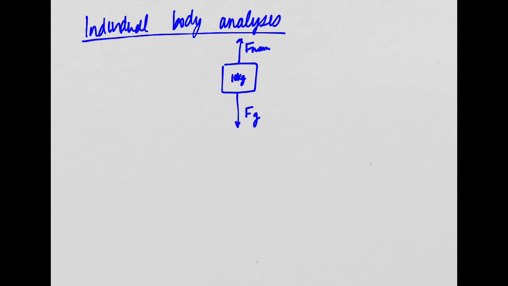Force of gravity is going to be equal to 10 kilograms times 9.8, which is 98 newtons. Those two are equal. What other forces exist on the second box, the 10 kilogram box? We have the contact force in this direction between the little box and the big box, and we have the force of friction in this direction between the floor and that box.